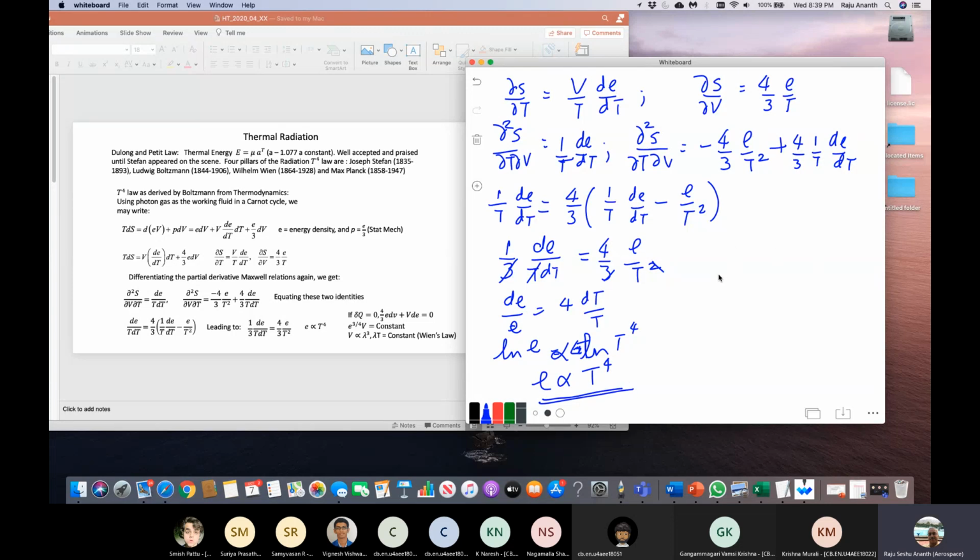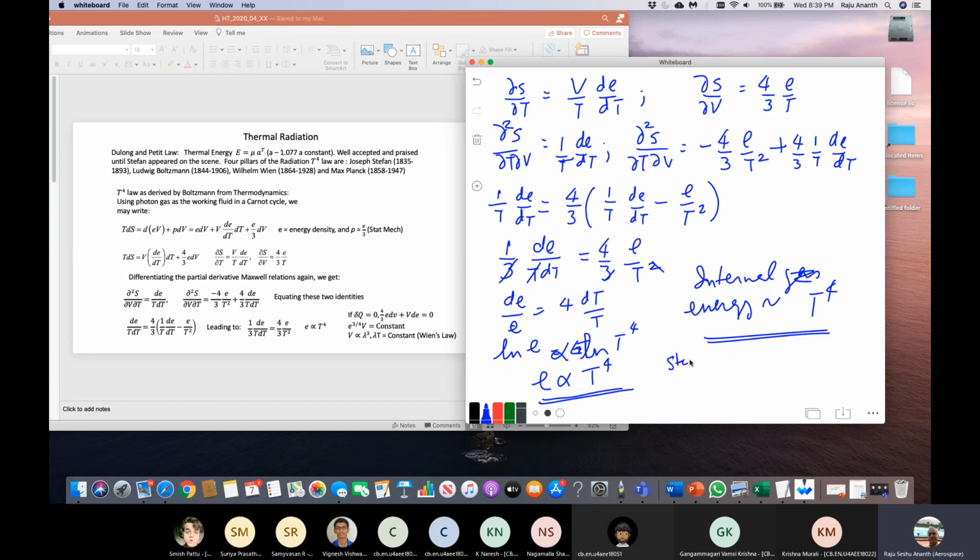So the internal energy associated with the photon gas is proportional to T to the power 4. So by purely thermodynamic consideration, Boltzmann was able to say that after all, his teacher was not wrong.